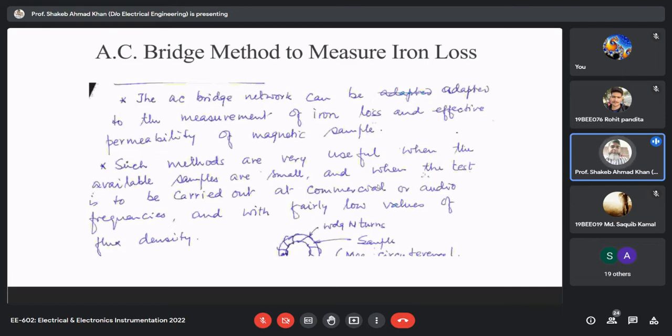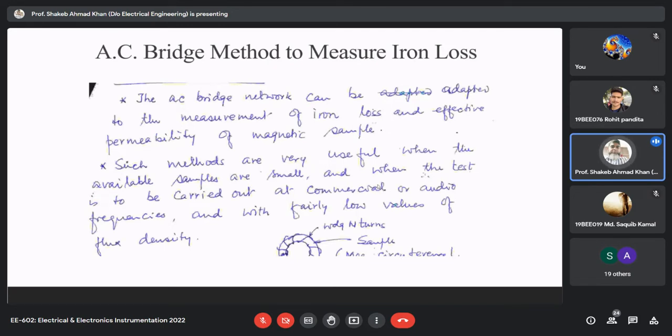But this open circuit test is not always possible when the sample is small and laminations are not made, like ferrite cores that we use at higher frequency instead of CRGO silicon steel, which is good for 50 hertz frequency, but we cannot use it at higher frequencies like audio frequency.